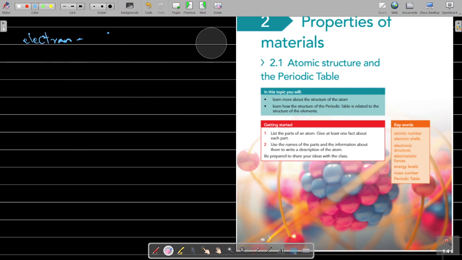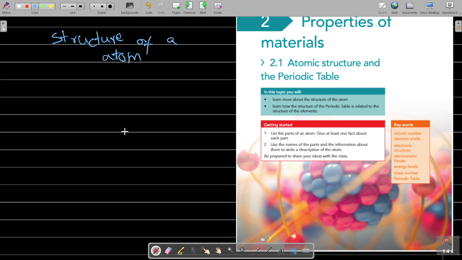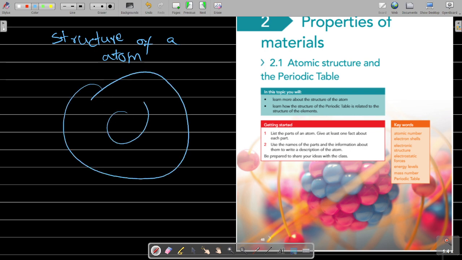This is called structure of the atom or structure of an atom. So, this means a circle. This is the structure of the atom. Okay.